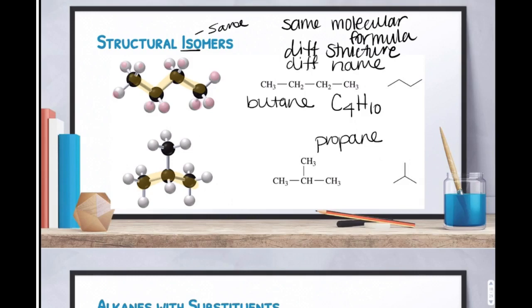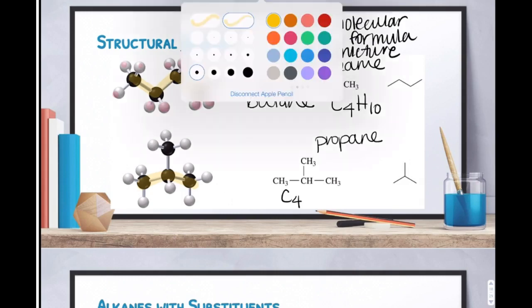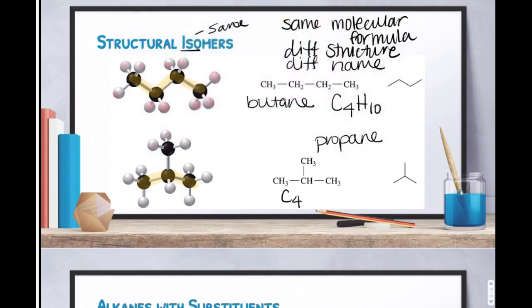But let's look at the chemical formula. C, how many? 4. And then let's count our hydrogens. 1, 2, 3, 4, 5, 6, 7, 8, 9, 10. So it's the same formula. We're not quite done with the name though, so let's look at the beginning of this. It's not only a propane, so I'm going to name it a little bit differently. I'm going to put what I call a substituent group. I have this side chain hanging off here.